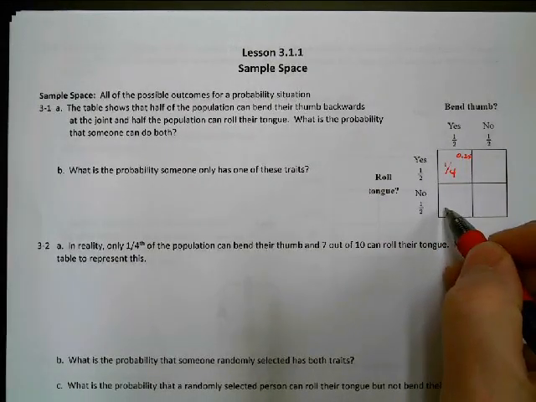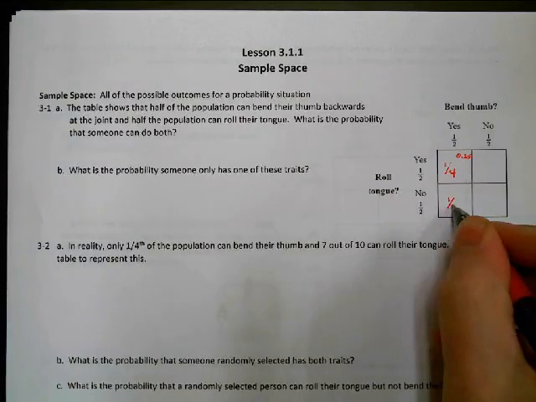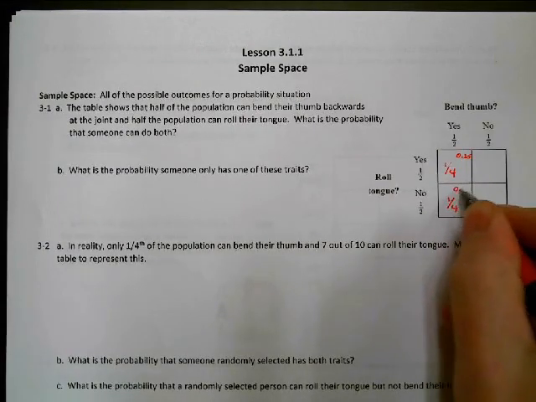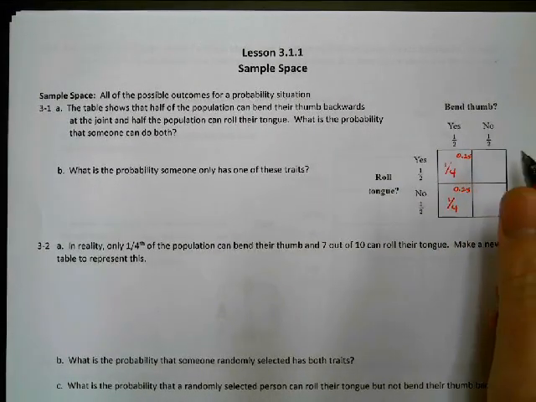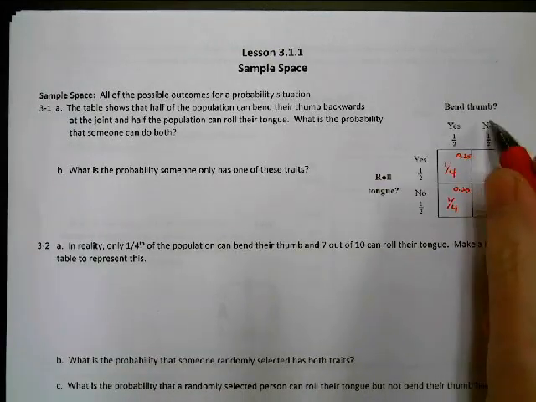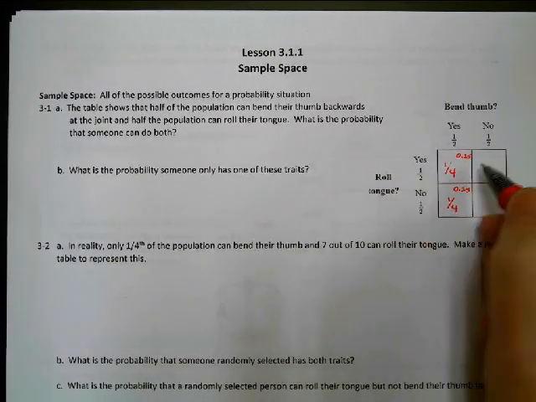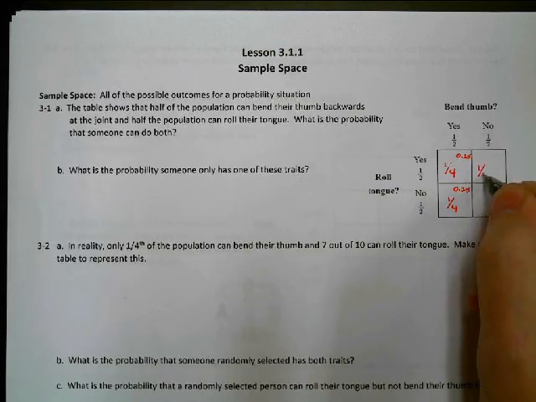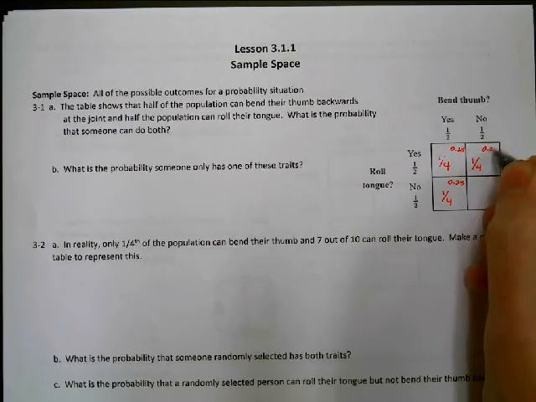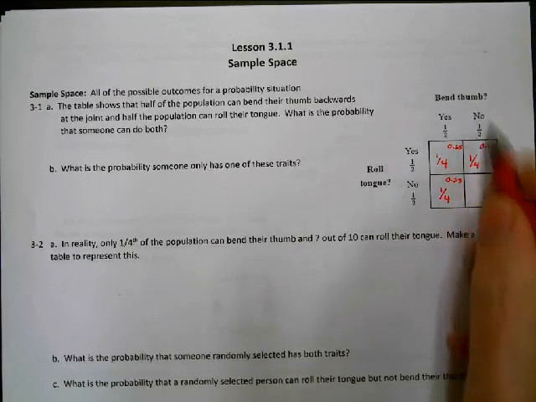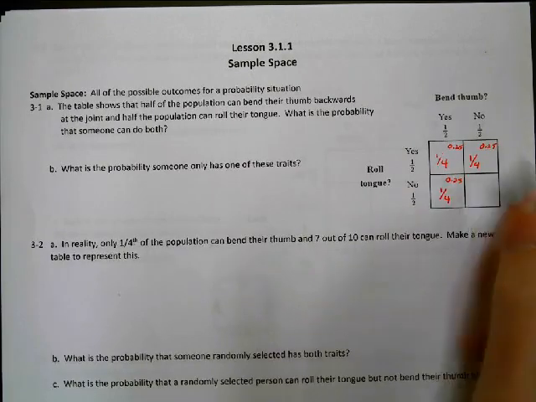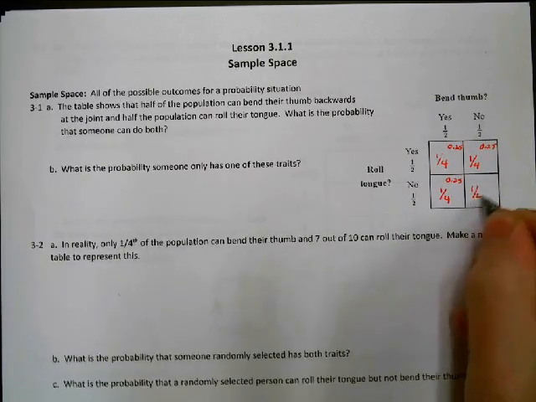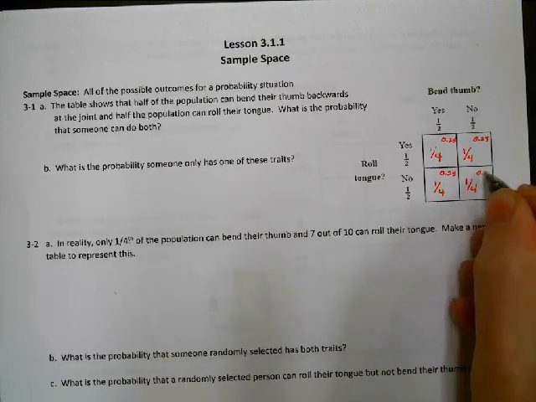Then if half the people can bend their thumb and half can't roll their tongue, that would also be 1/4, giving us a 0.25 or 25% chance. Same thing for this one: can't bend their thumb, can roll their tongue, 1/4 again, 0.25. And no bending thumb, no rolling tongue, 1/4 of the people would fall in that.